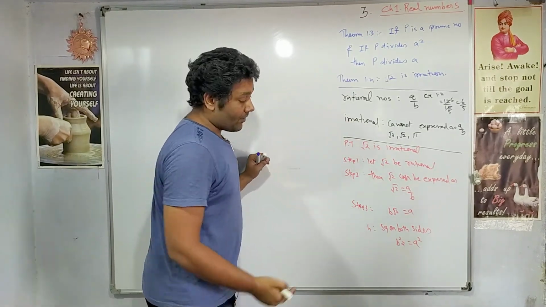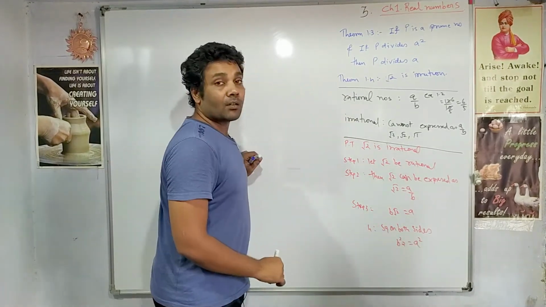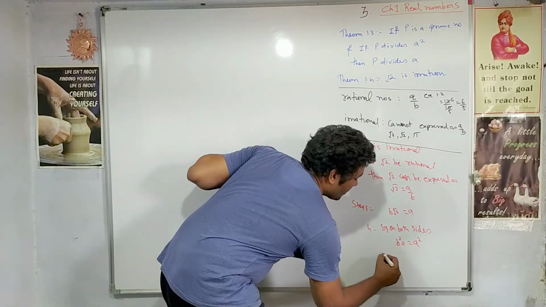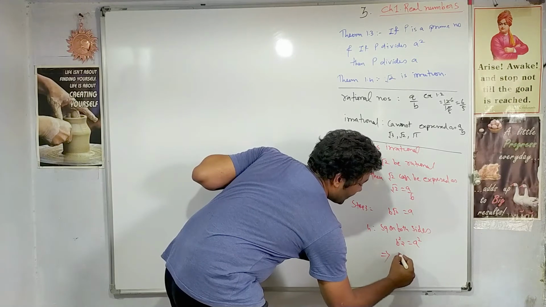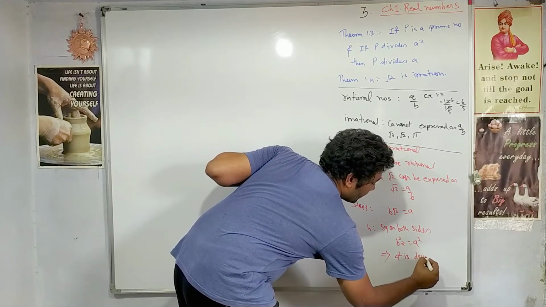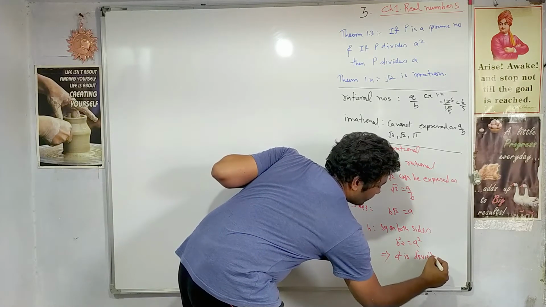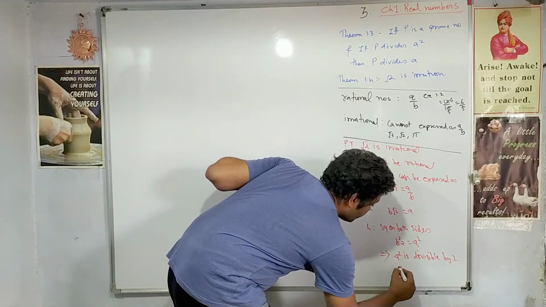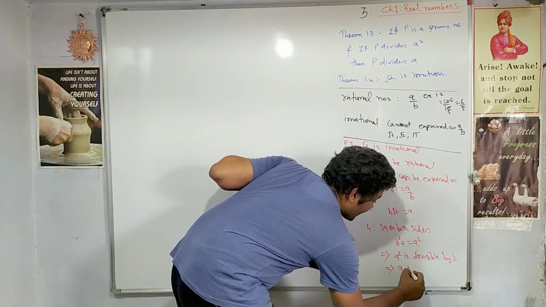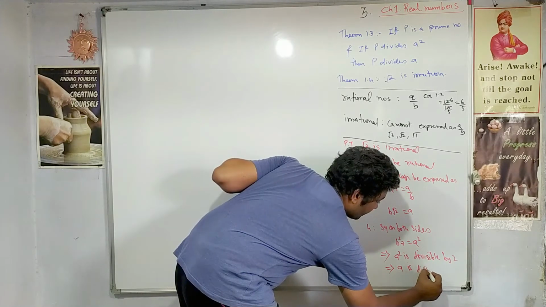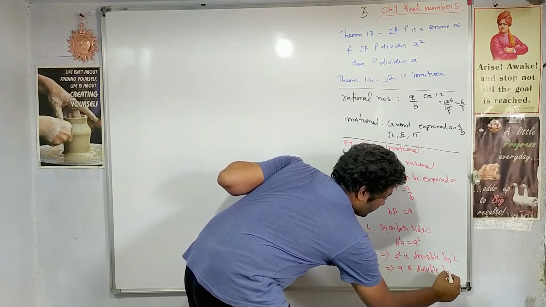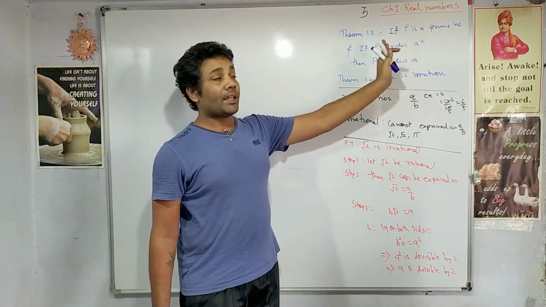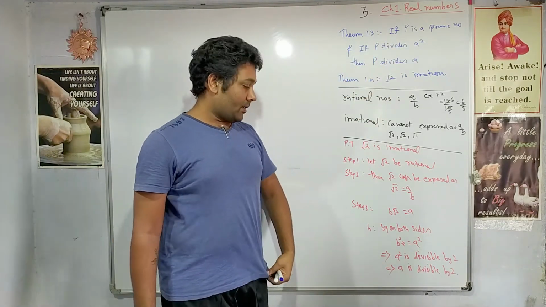When a square is 2b square, that means a square is divisible by 2. When a square is divisible by 2, it implies a is also divisible by 2. We have a theorem here: if a number is divisible by a square, then it is also divisible by a.